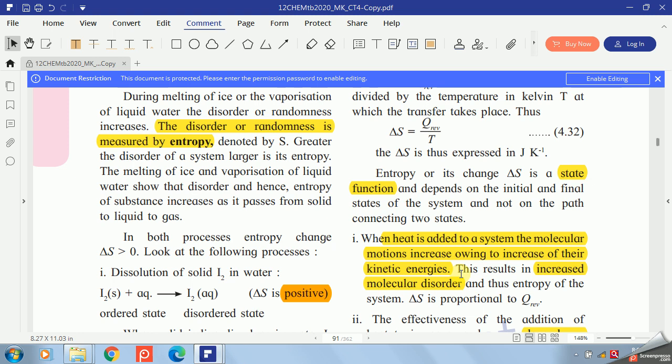The molecules collide with one another and the disorderness increases, which indicates that the entropy of the system increases. So the entropy of the system is directly proportional to Q. That's why it is written in the numerator in equation 4.32.